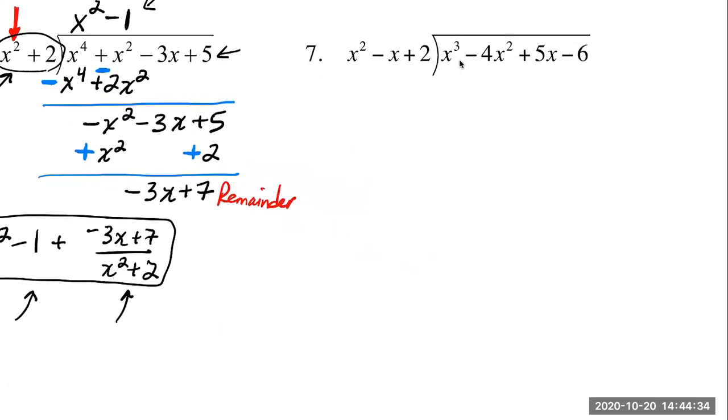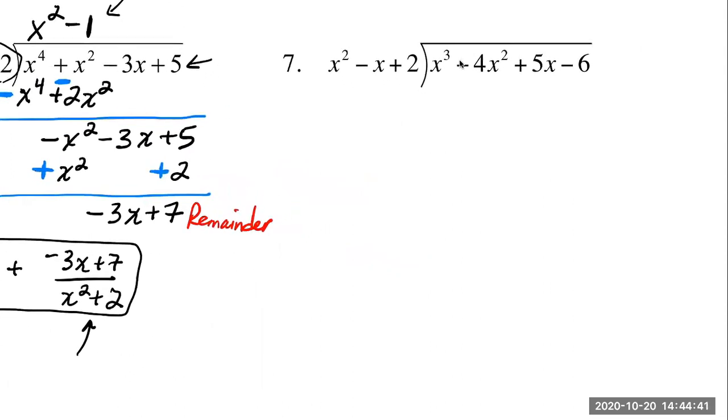All right, let's look at another example. We have x squared minus x plus 2 is our divisor. So we want some value here that when we multiply to x squared, we get x cubed.